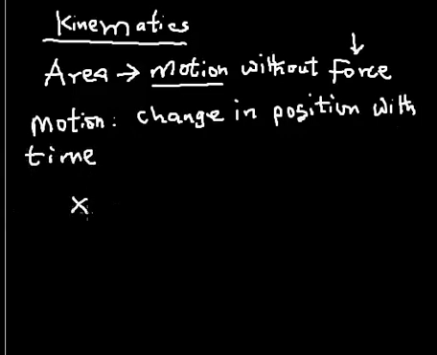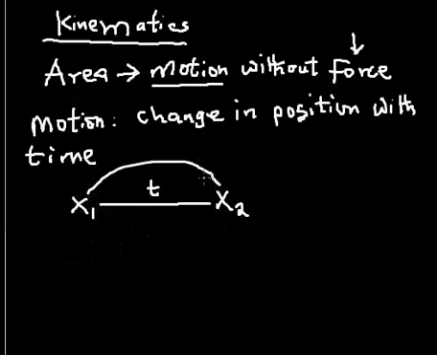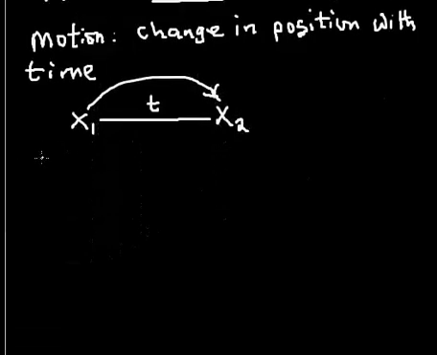Let's say an object is located at a point x1, with respect to a particular reference point, let me say with respect to the origin of a graph. Then after an interval of time t, it changes its position to x2, right? So we can simply say that this object undergoes motion. Now, in the study of motion, there are parameters we need to learn.